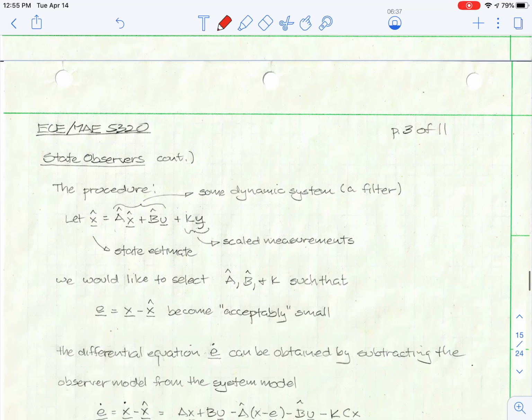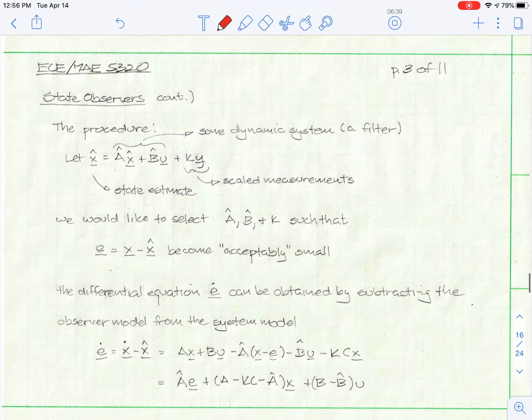Okay, so what does this mean? How am I going to do this? The procedure is I have some state dynamics, and I'm going to let my estimated state equal the dynamics of the system. This, by the way, is a model of the system. It is not the system.